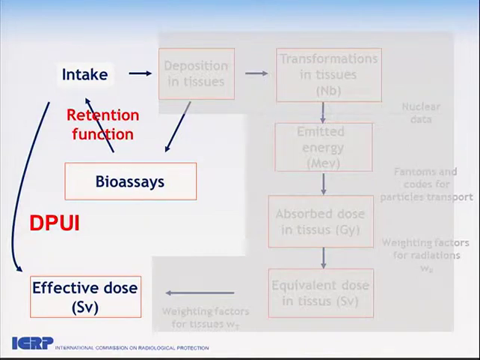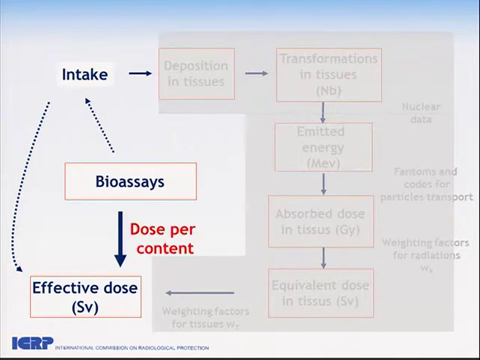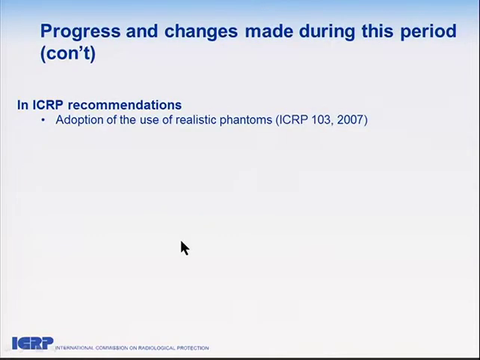That's nice, but that's still a source of mistakes because it's made of two steps. So what we wanted to do is to reduce the system again, to reduce the occasions of making mistakes, and to go directly from the bioassay to the effective dose by using only one coefficient, which is now the dose per content, and this dose per content will be proposed in the new version.